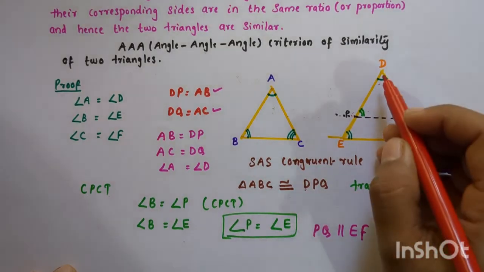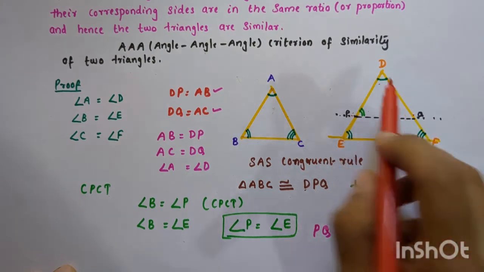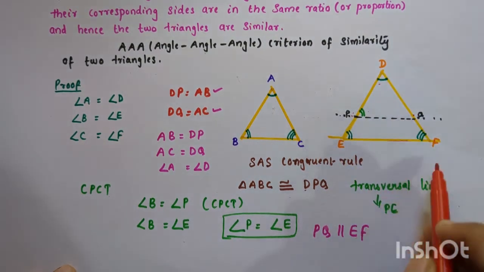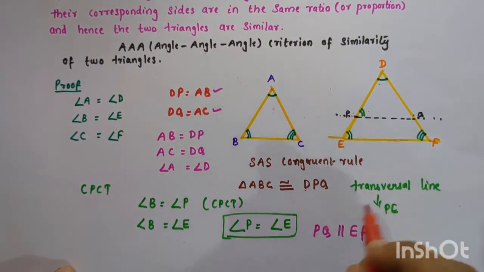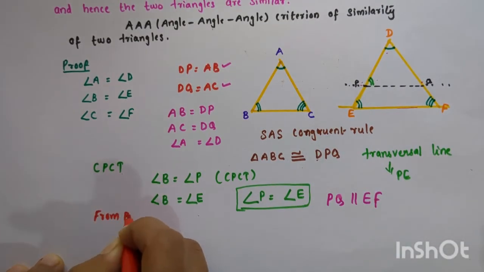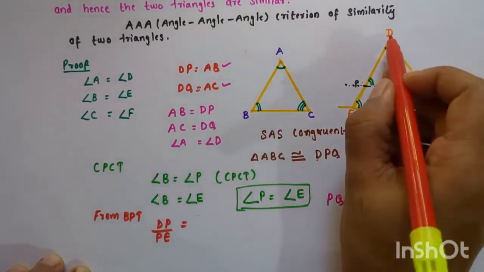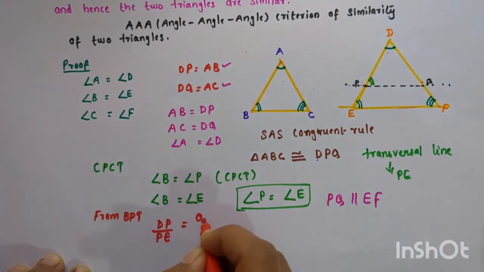So from the basic proportionality theorem, we can write DP by PE is equal to DQ by QF.